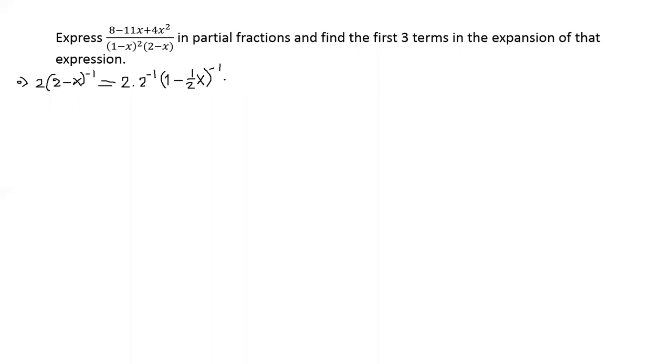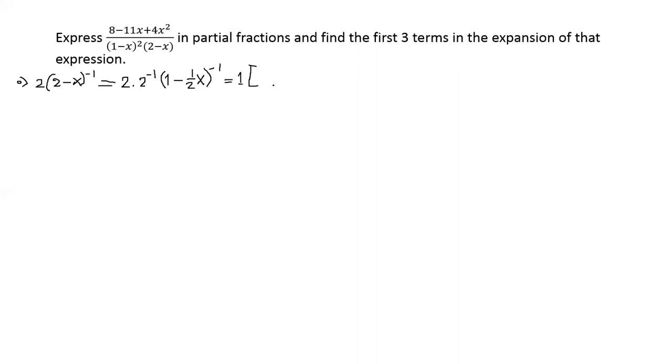And let's find the expansion of (1 minus a half x) to the power negative 1. 2 times 2 to the power negative 1 equals 1 here, okay, because 2 times a half.